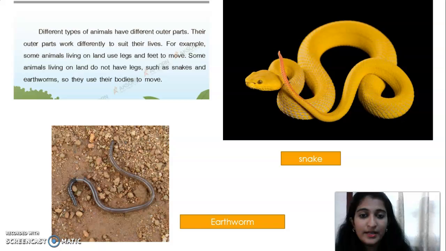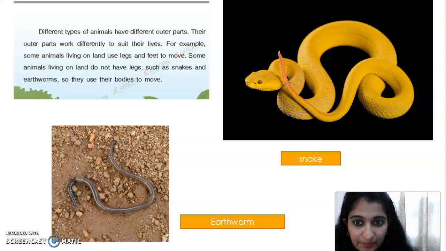Different animals have different parts. We call them outer parts. We discussed outer parts and inner parts. Outer parts are the parts which we are able to see. Different animals have different outer parts, and they work differently.